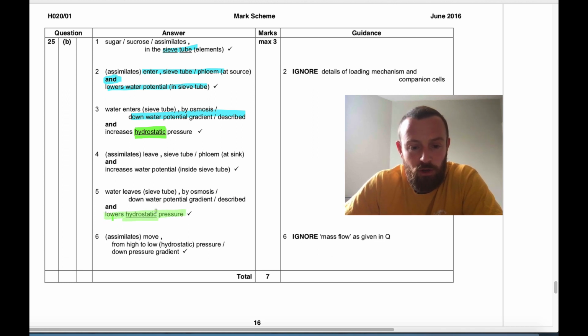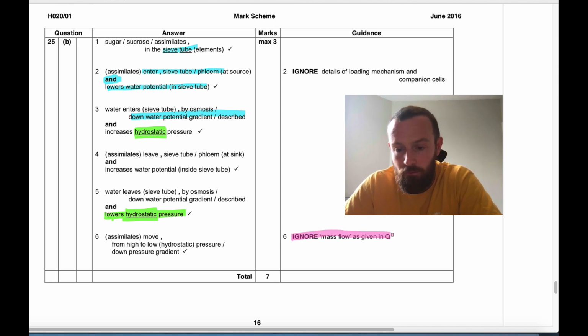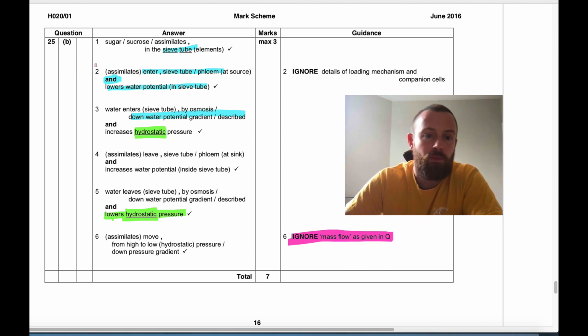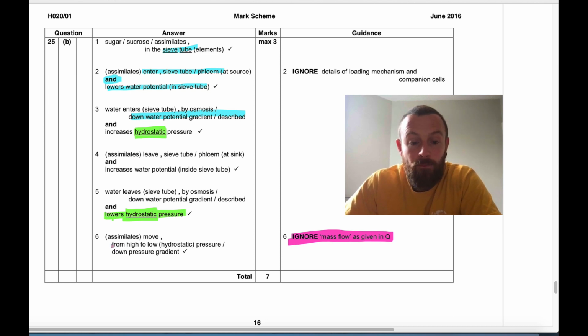We've really got to talk about this pressure, which means that we get this mass flow. Although it's not given the mark, is it? Because we don't get the mark for mass flow because it's already given in the question. It's saying explain why mass flow works. I botched this question. We need to say that the flow is from a high to a low hydrostatic pressure, okay?